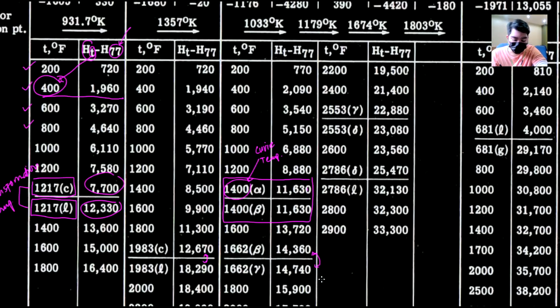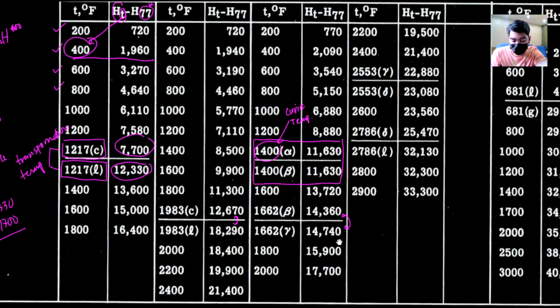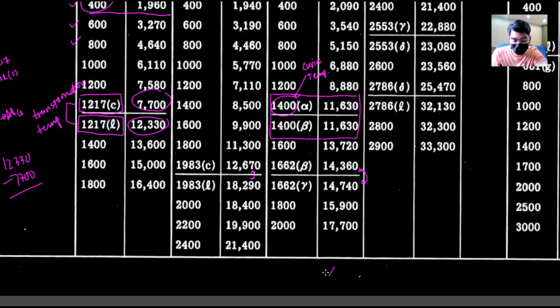Pero we can also say itong transformation na to can be said as the transformation of, kasi minsan, ang sulat lang natin parati for iron is alpha to gamma. And you probably notice this sa mga material science lectures.